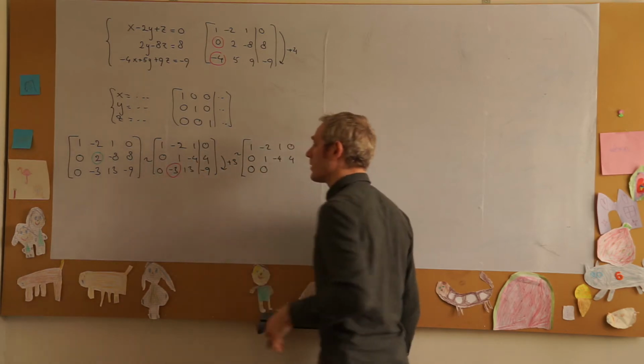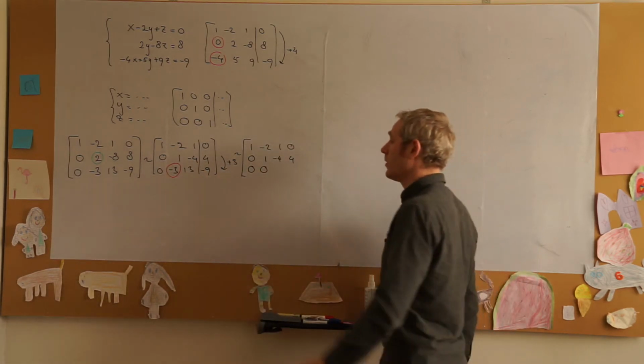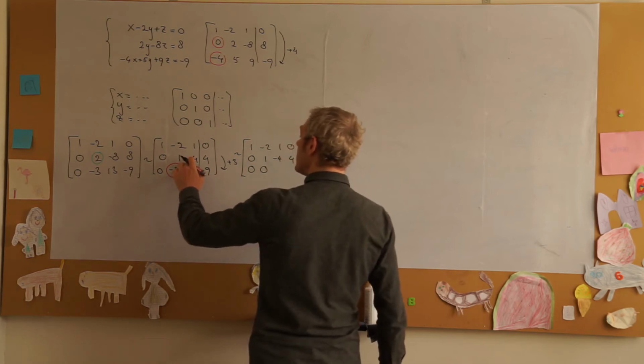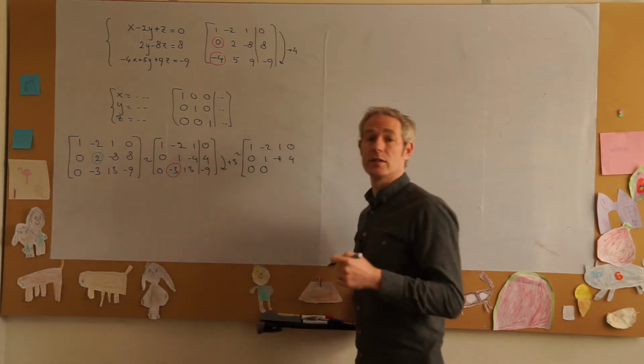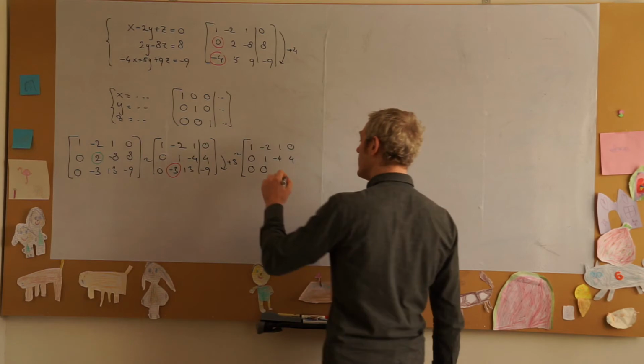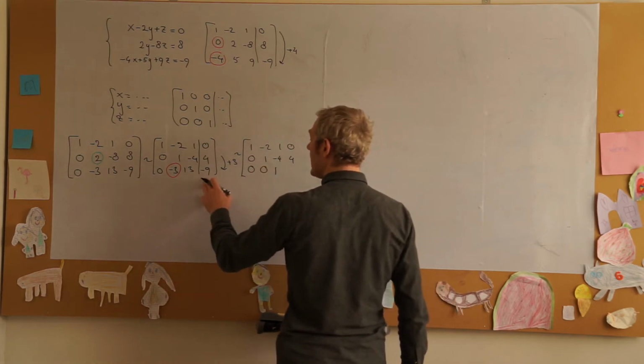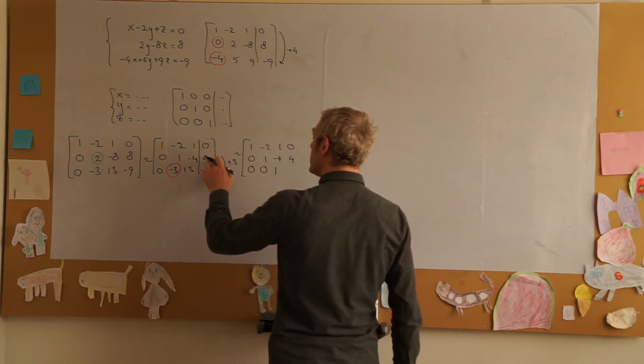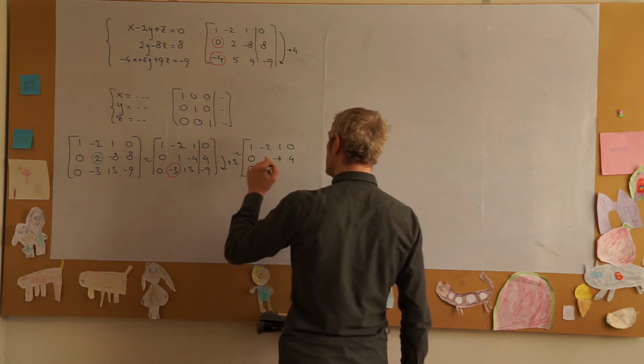Minus 3 plus 3 is equal to 0. 13 plus 3 times minus 4 is 13 minus 12, which is equal to 1, and minus 9 plus 12 is equal to 3.